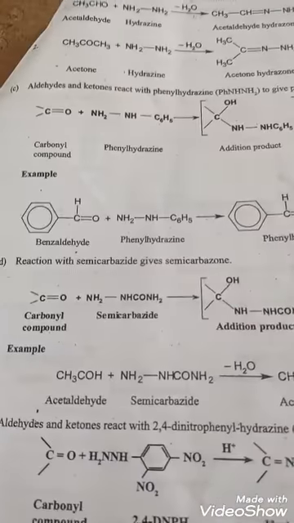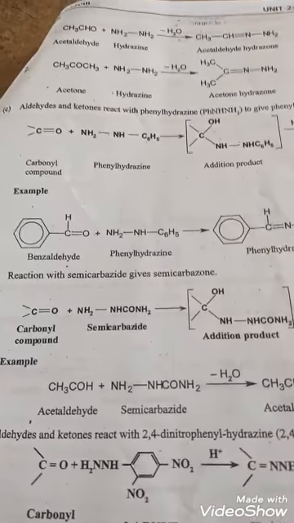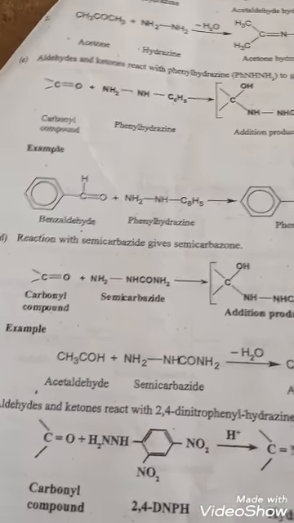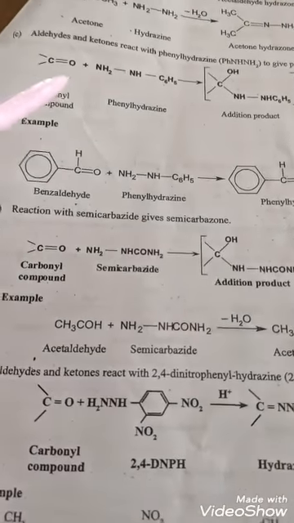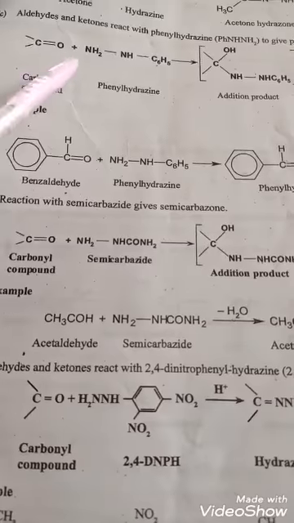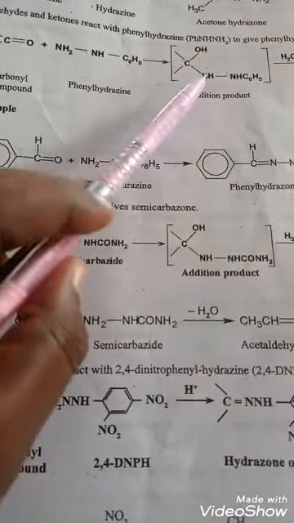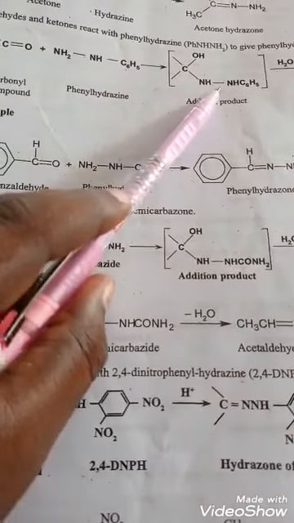The next one: aldehydes and ketones react with phenylhydrazine, NH2NHC6H5, where phenyl means C6H5. The carbonyl group C=O plus NH2NHC6H5 gives an addition product. Why?